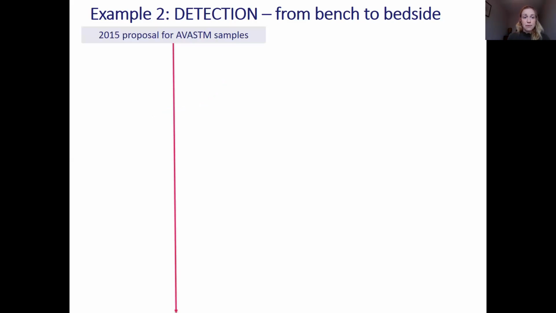Initially, in 2015, we proposed to get samples from the AVAST-M trial, which was in stage 3 patients, so we could look for that signal of whether it could detect relapse, and we had the outcome data.